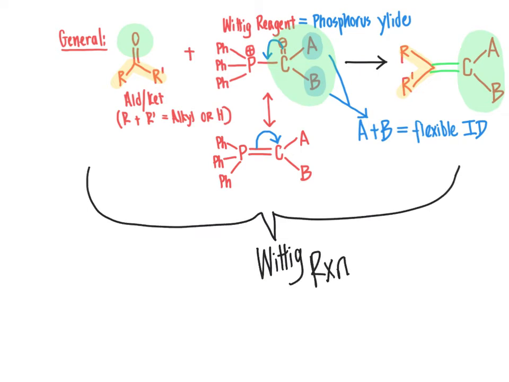And now what we will do is we're going to take a look at the mechanism for how in the world this happens. How in the world do we go about replacing the carbonyl group with the carbon and whatever two groups A and B it is bonded to here from the phosphorus ylide? So let's take a look at the mechanism, and we're going to see that the mechanism for this reaction has some similarities to the nucleophilic acyl addition reactions that we have been looking at throughout the chapter so far.